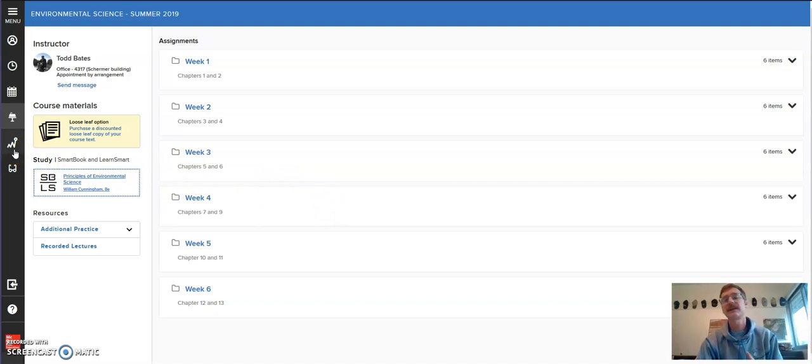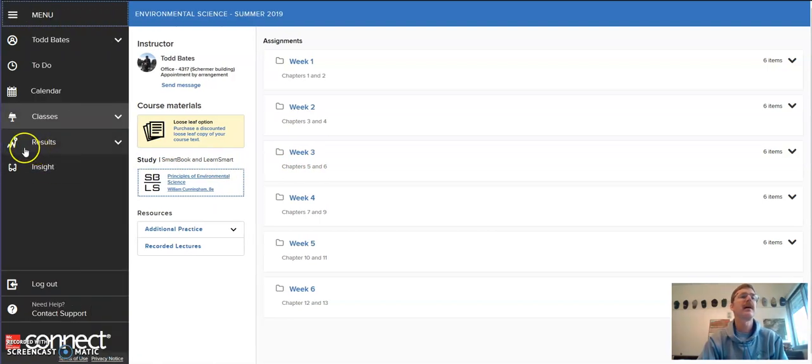Since it is a separate standalone program, the results of your quizzes and your assignments will not be directly posted onto Canvas because they're not compatible programs. Over here to the left-hand side is this little squiggly line, and on that squiggly line you'll be able to see results of your quizzes and your assignments.